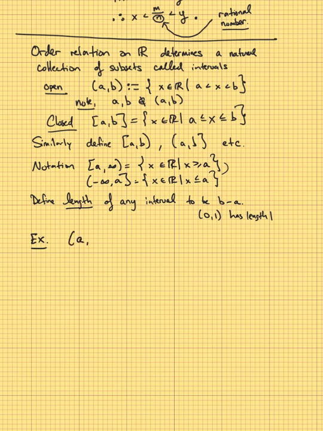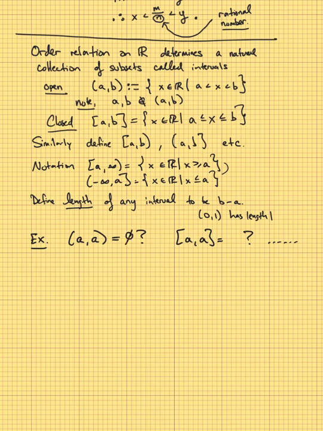So first we can ask, what is the open interval (a, a) equal to? And what is the closed interval [a, a] equal to? I'll pause here for a second. The open interval is the empty set.